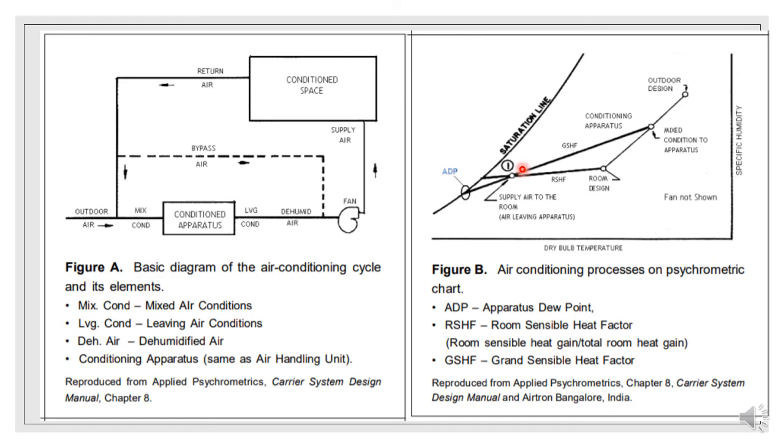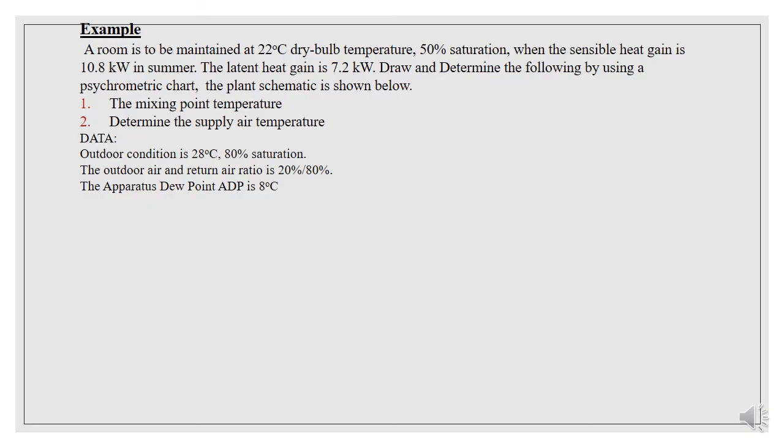So at point 1. Okay, so now we know how to get our supply air condition. So let's look at an example.